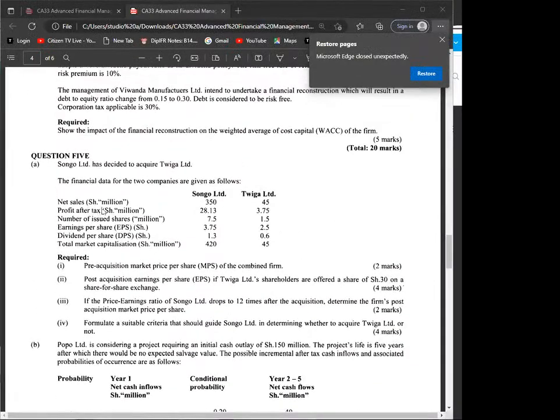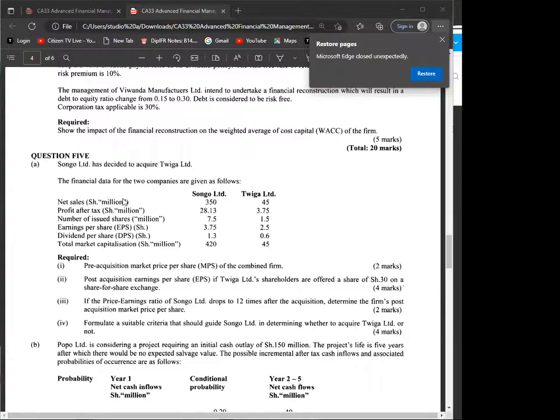So now this question here: Songo Limited, should have been Sonko, has decided to acquire Twiga Limited. So meaning that Songo is the predator, Twiga is the targeted company. The financial data for the two companies are given as follows.